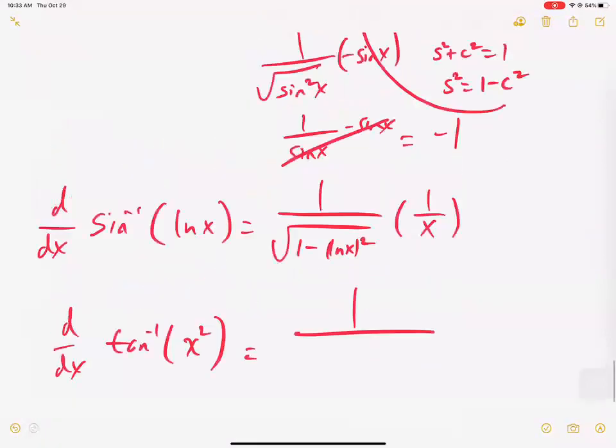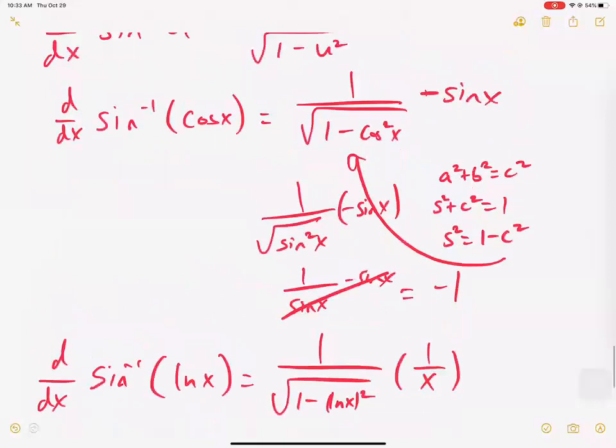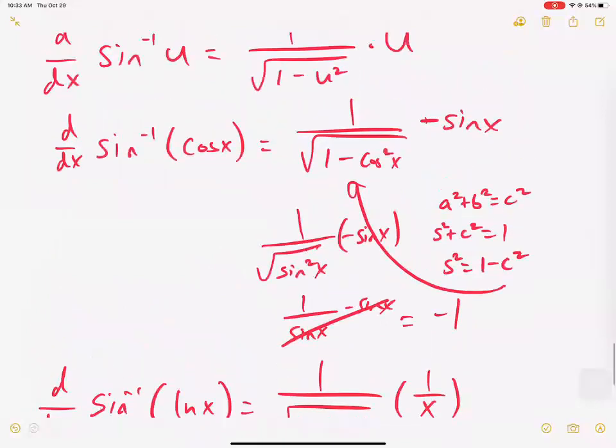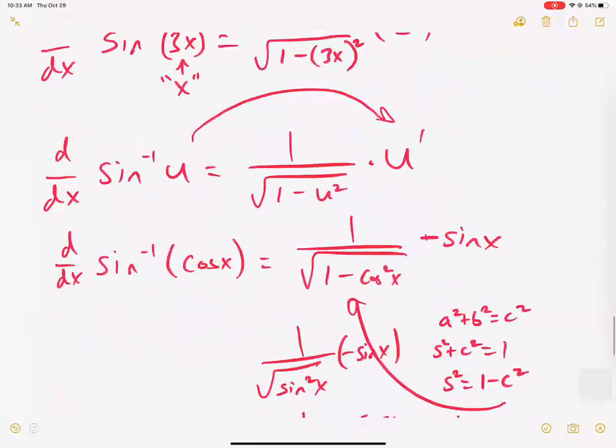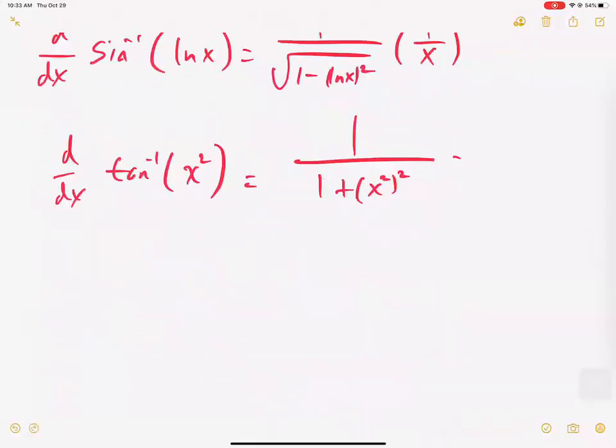So hopefully you wrote, let's take a look, tangent was 1 over 1 plus x squared, so 1 plus x squared squared. Don't forget chain rule, 2x. Hopefully you guys get the pattern. Not impossibly hard, just 3 more things to memorize.